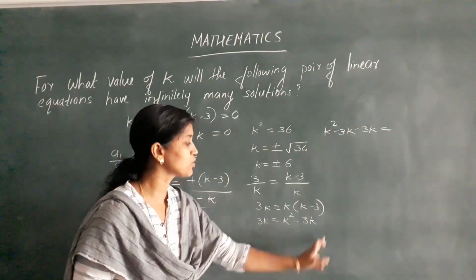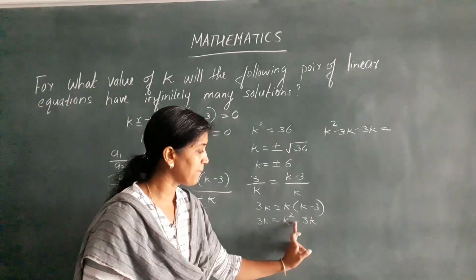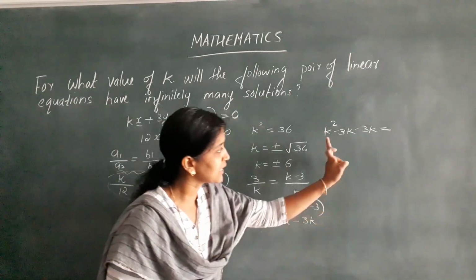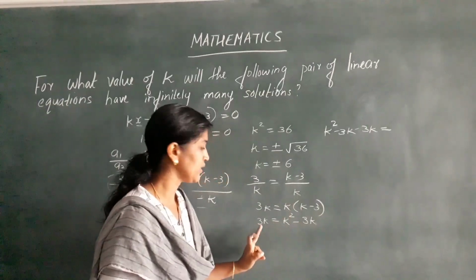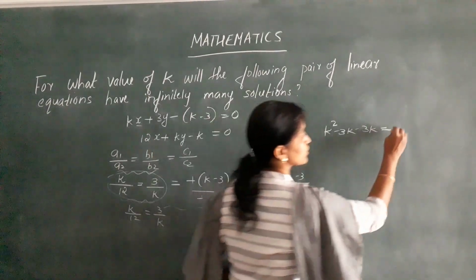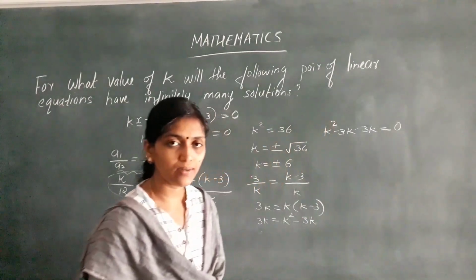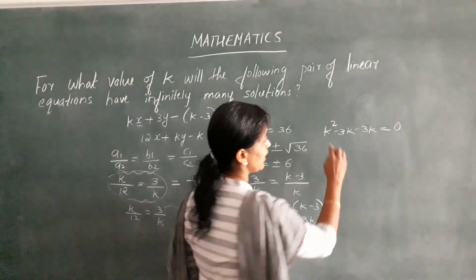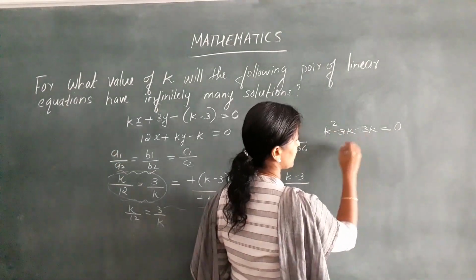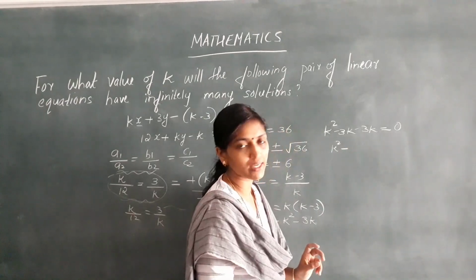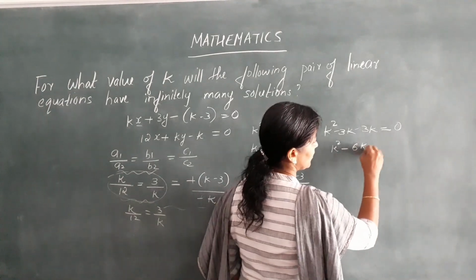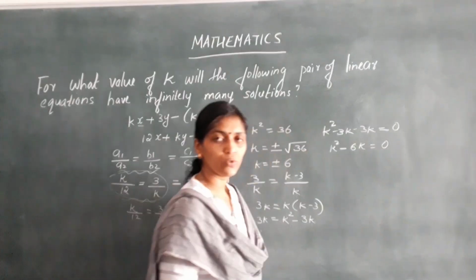So k square minus 3k minus 3k is equal to 0. Clear? Now k square minus 3k minus 3k is k square minus 6k, that's equal to 0.